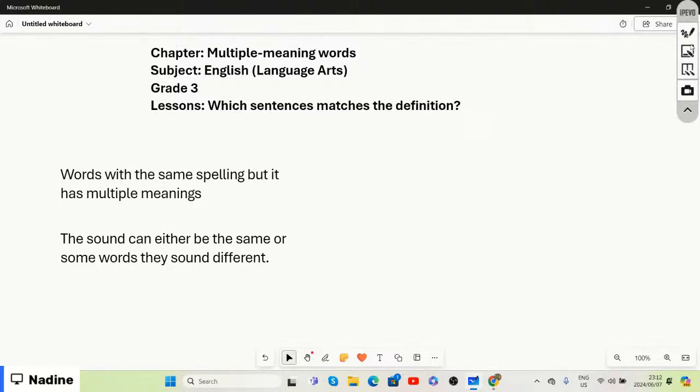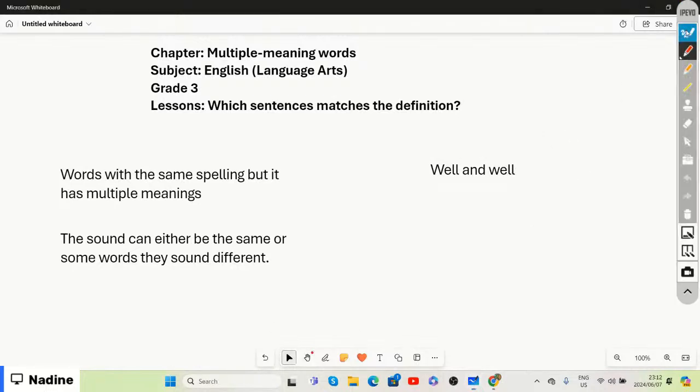Yes. So, like the word well and well. The first word can mean, oh no, I'm well, thank you. I am not ill. I'm doing great. That is the first word, well.